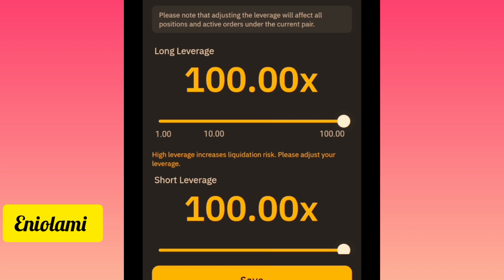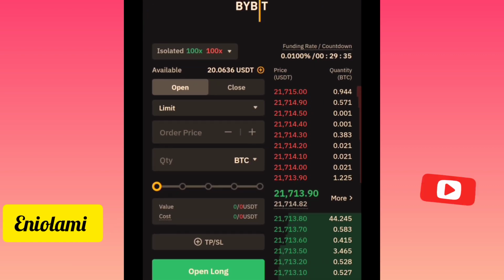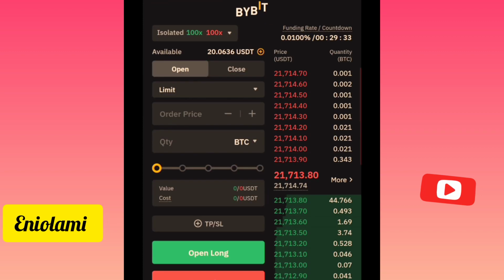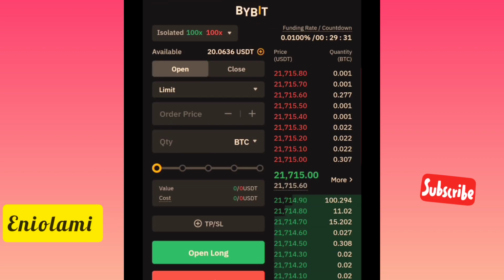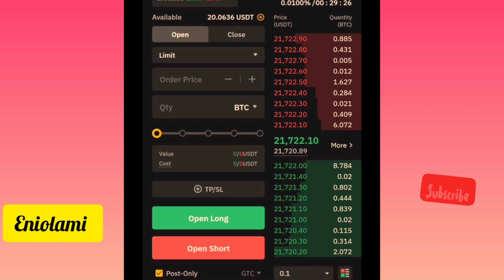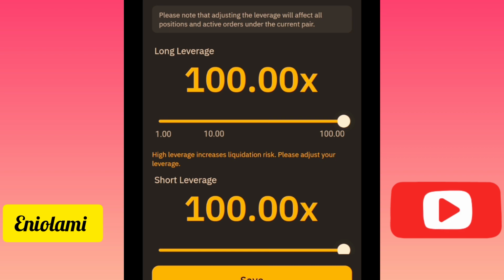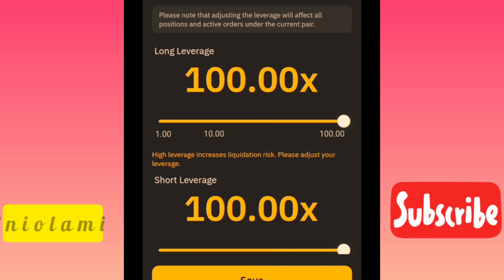When you click on this place, where you see isolated 100x, once you click on it, it shows you your leverage. We are going to be talking about the margin later, because isolated and cross margin are different types of margin.